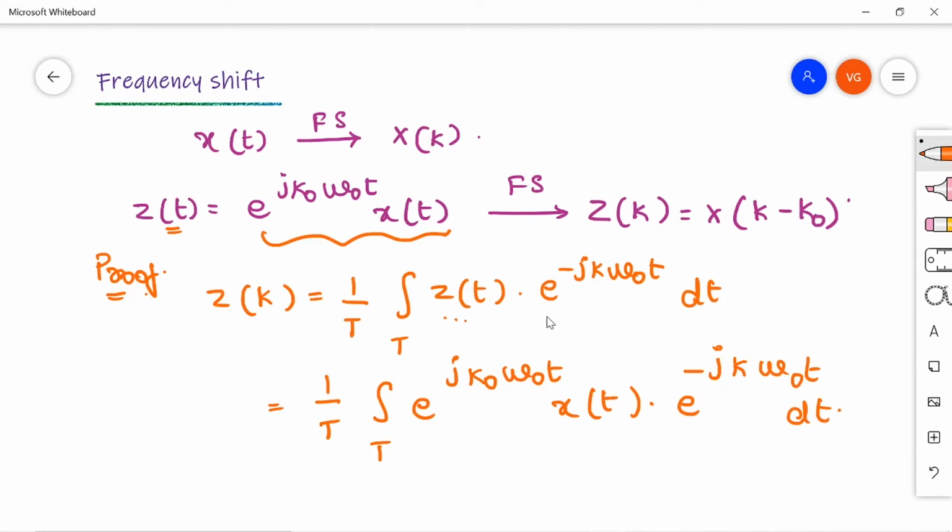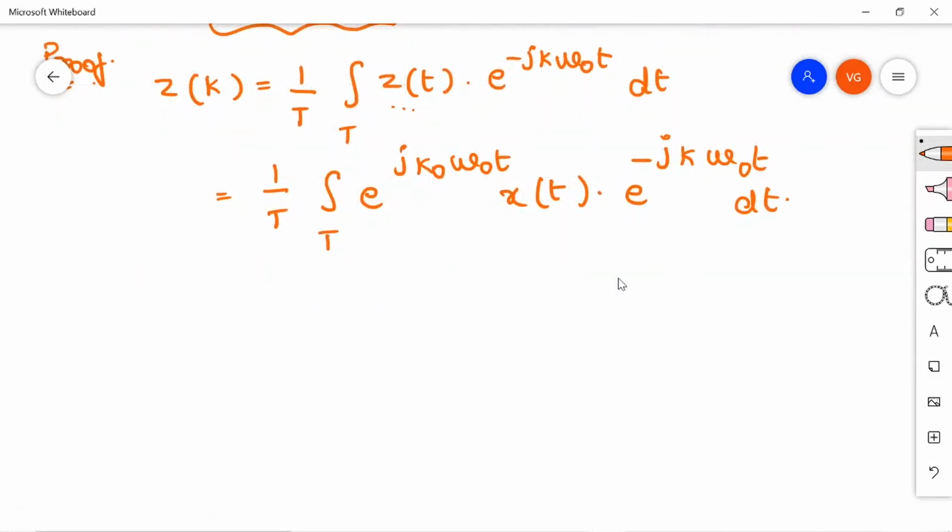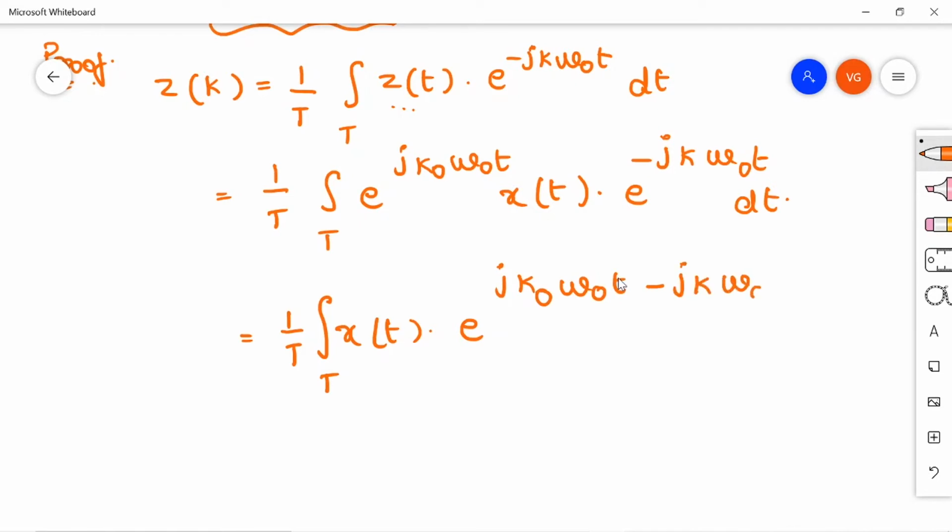Right? Now here you have both having the same base, so the powers can be added. So I am simplifying this part as 1 by T integral over T x of t e power j k naught omega naught t minus jk omega naught t dt, right?